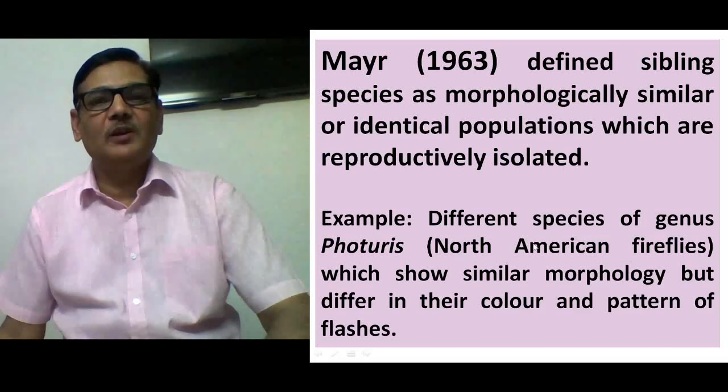So he was observing these flies, and he found that a number of species are there under this genus Photuris, and so many of them resembled each other, they were looking similar to each other, but they were actually different in their color and pattern of flashes, meaning the light which they were producing during night was varying.